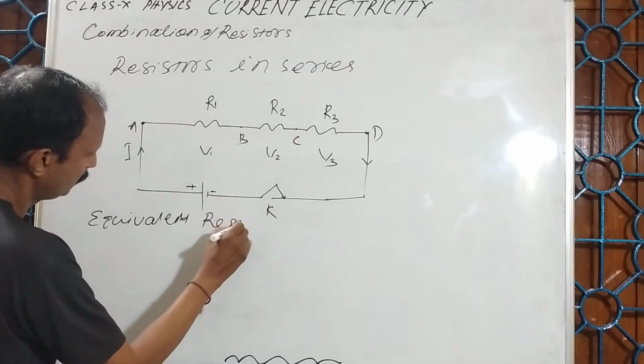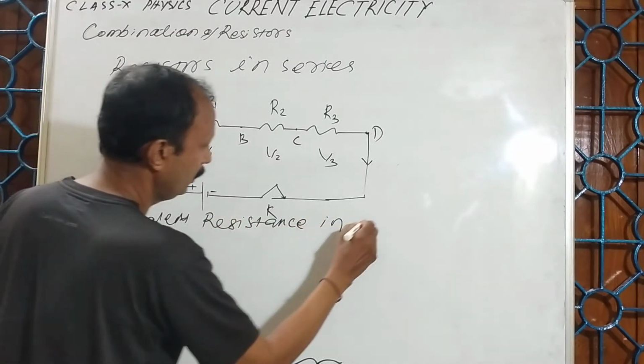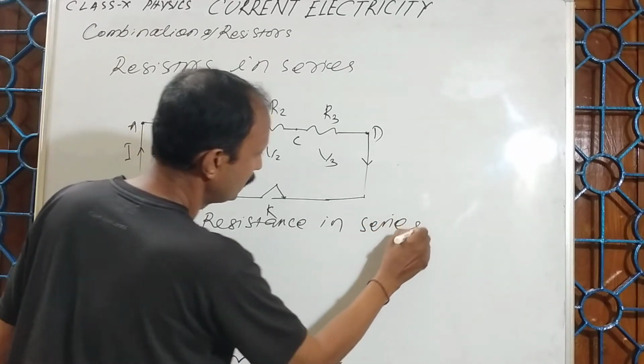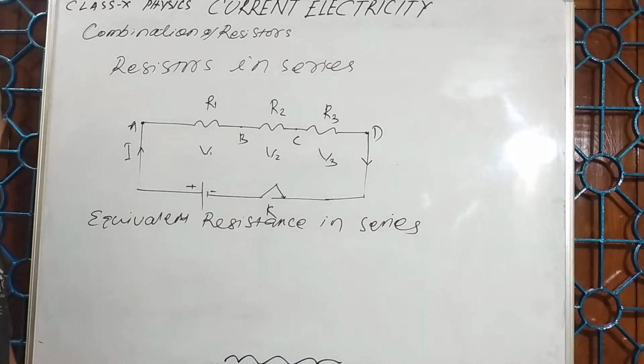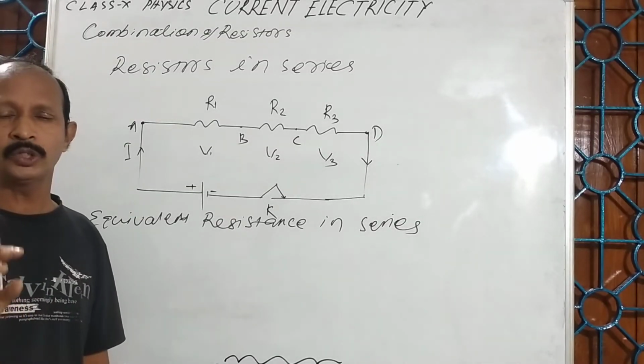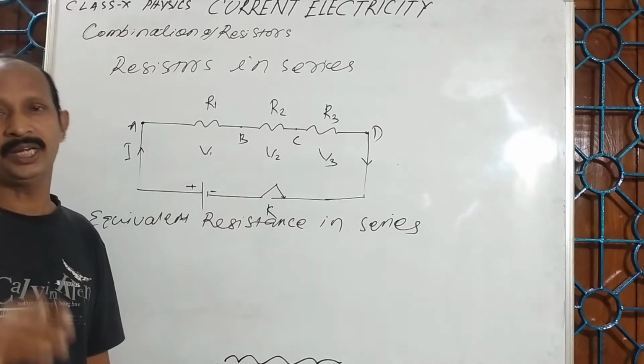We have to calculate the equivalent resistance in series. So I said that V is equal to V1 plus V2 plus V3.